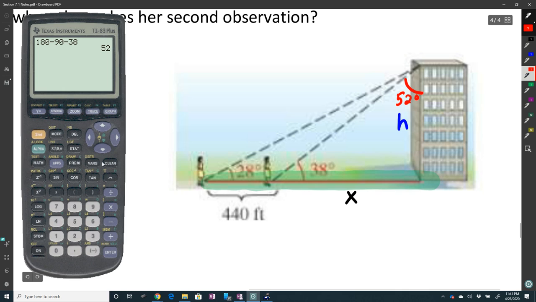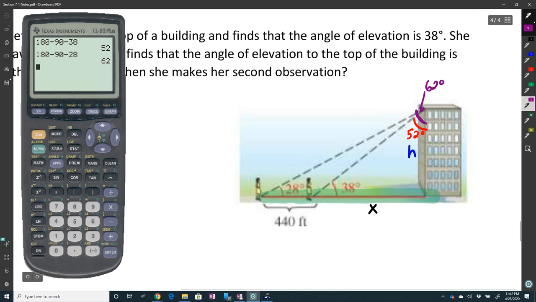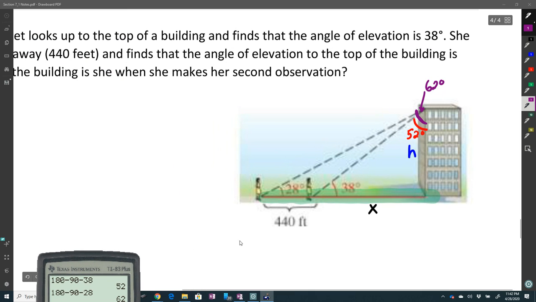Whereas the larger angle is 180 minus 90 minus 28, which is 62. So this angle right here is 62. All right. Just don't get confused about which one. 52 is my smaller one. 62 is the larger one.